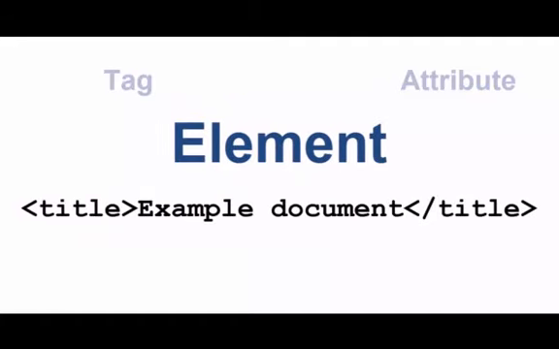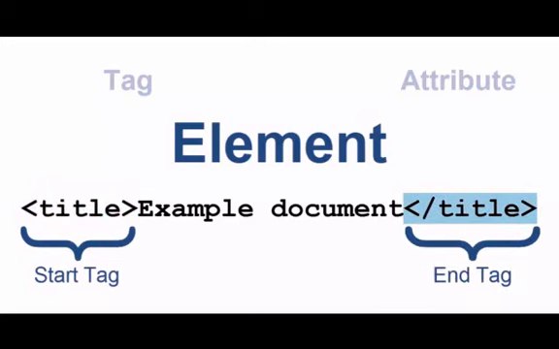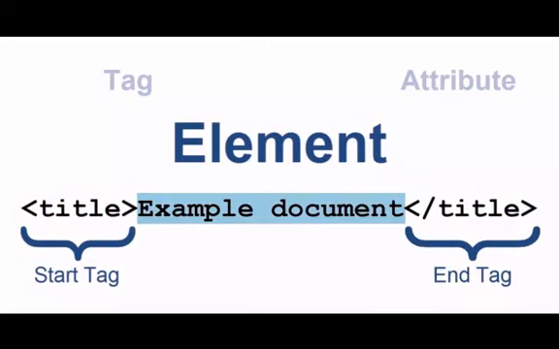I'll start by defining a few terms that you will be hearing me use frequently. The terms are tag, element, and attribute. Let's start by looking at a tag. This is a title tag. It has a tag name that is surrounded by angle brackets. Next, let's look at an element. An element has a start tag, an end tag, and content in between.